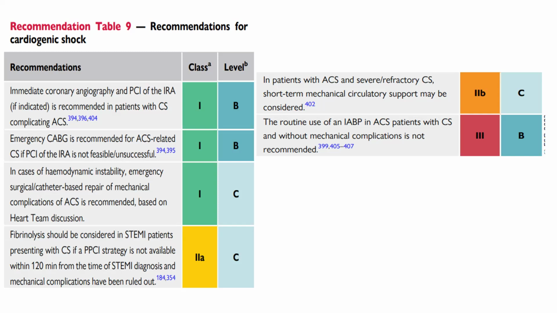And the studies that have looked at the use of the intra-aortic balloon pump and other circulatory support devices in acute coronary syndrome with PCI, the outcomes have not been that superior to those without the mechanical devices. And I think that informed the decision to be 2B. The routine use of intra-aortic balloon pump in ACS with cardiogenic shock and without mechanical complications is not recommended.